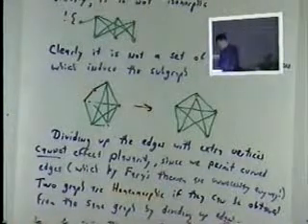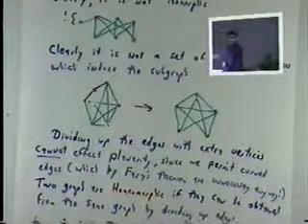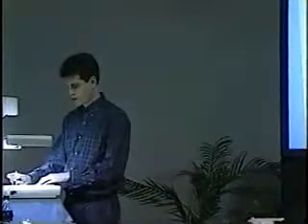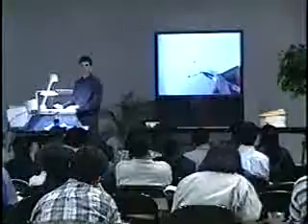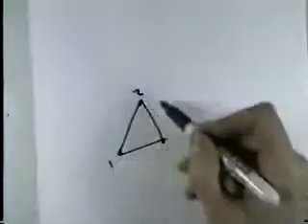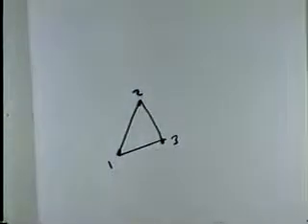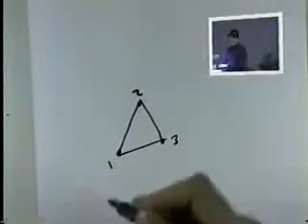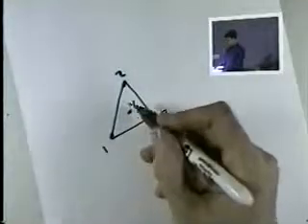In particular, the flavor of the argument would probably be something like this. Without loss of generality, you can start with a triangle. And you might as well, without loss of generality, make these points 1, 2, and 3. And then there's several possibilities for node 4. Node 4 could either be inside, or outside, or maybe here, something like this.